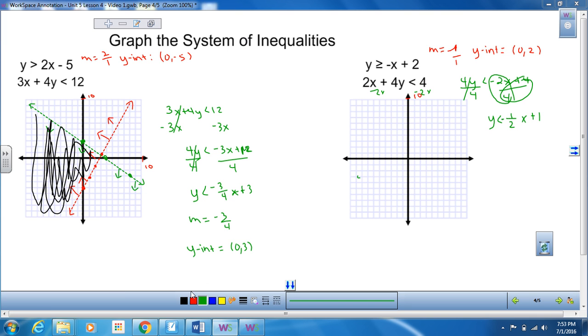So if I go back to the red, that line was correct. I started at 2. I'll go down 1, right 1. And it is a solid line.